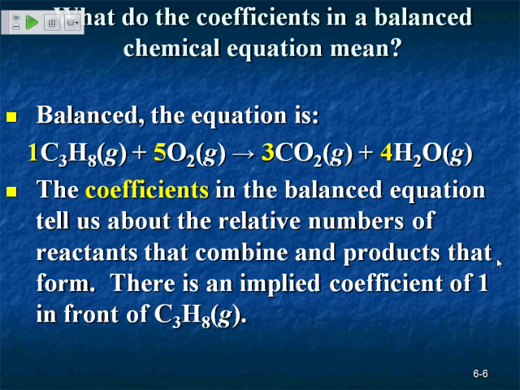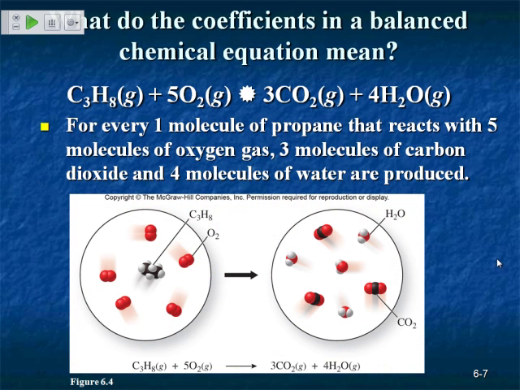And as I said, whenever you don't see a number, you would assume it is 1. So this means for every molecule of propane that reacts, it will require 5 molecules of oxygen, and then the reaction will produce 3 molecules of carbon dioxide and 4 molecules of water. And that is what, as I said, that picture shows again.